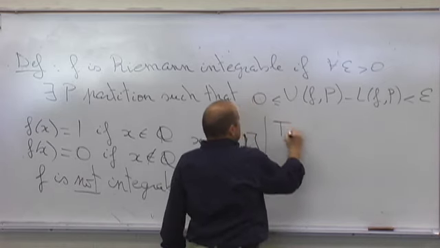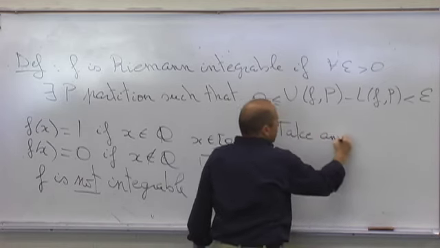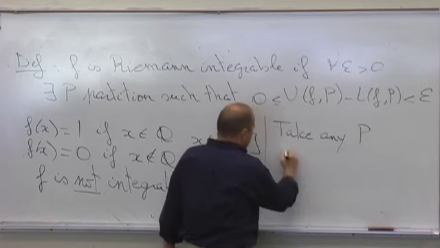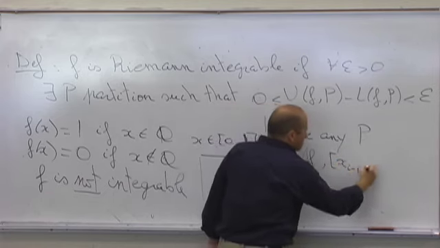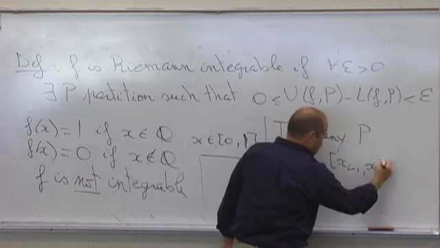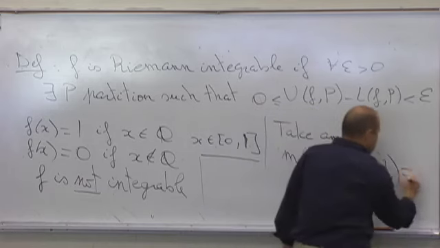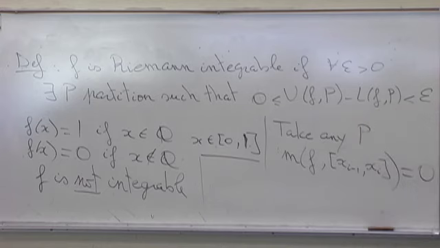So take any partition P. I claim that the greatest lower bound, but any lower bound of my function on this thing, must be 0. Why? Yes?